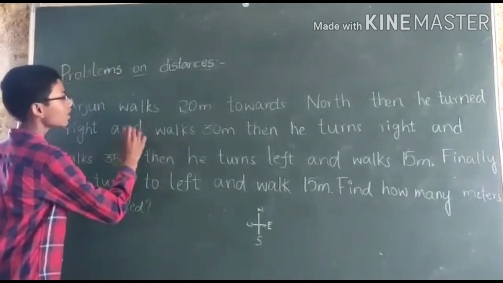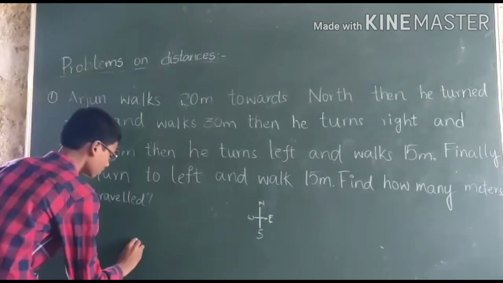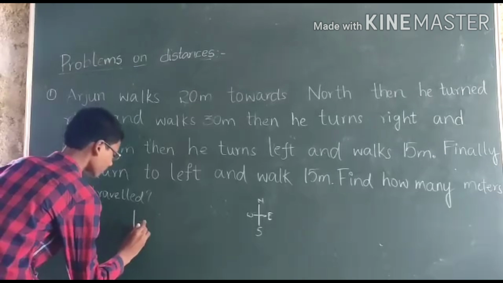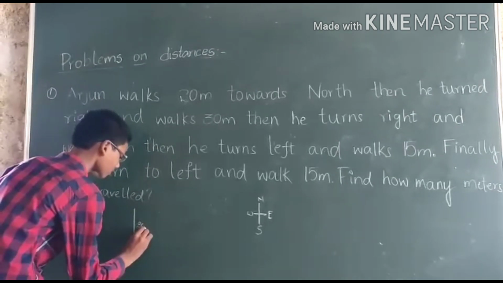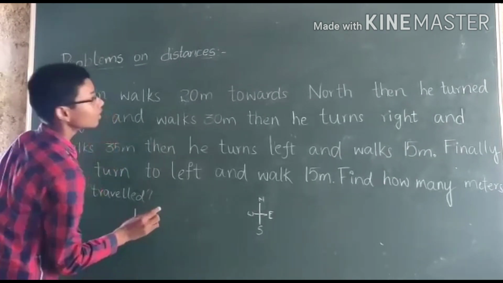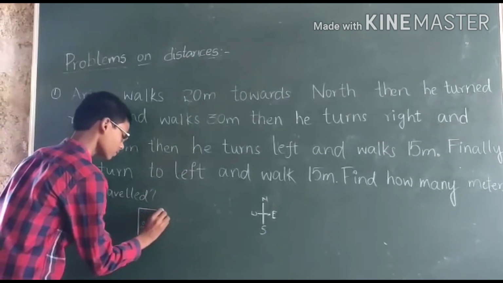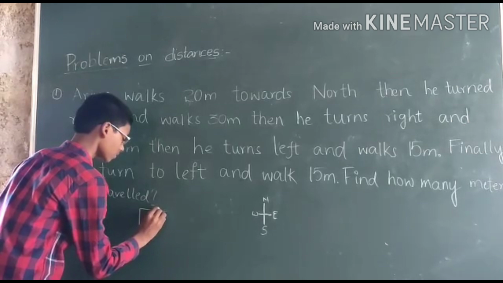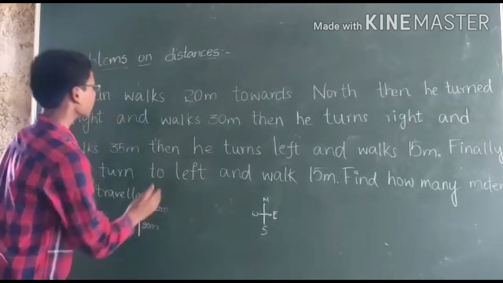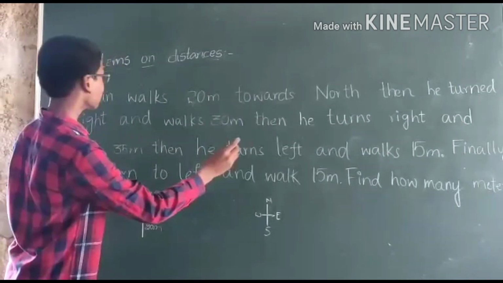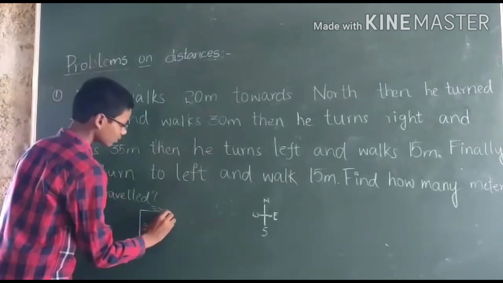Start. First, Arjun walks 20 meters towards north. And he turns right and walks 30 meters. Then he turns right and walks 35 meters.